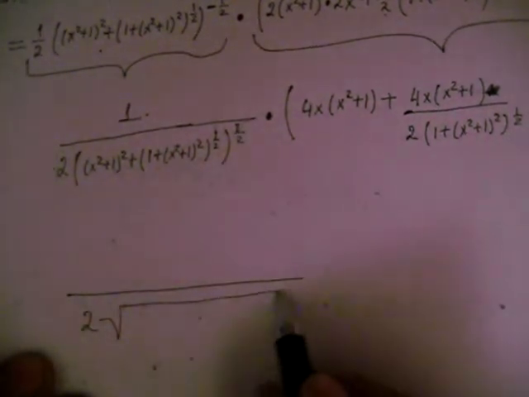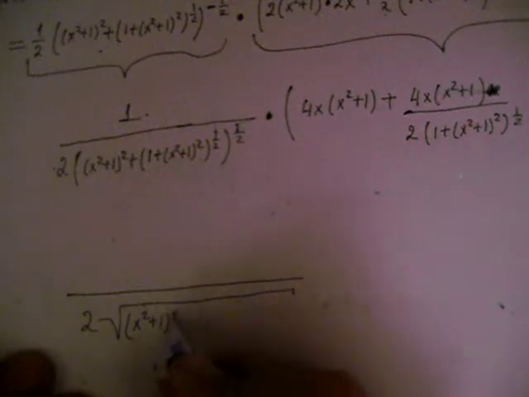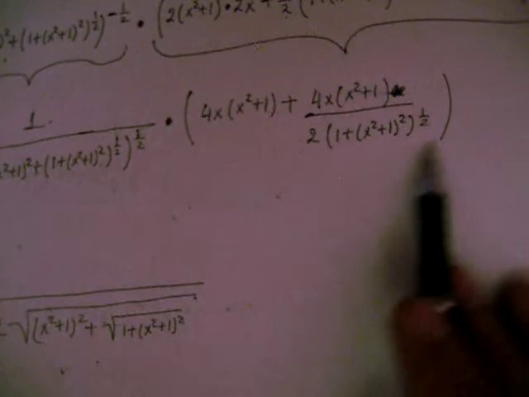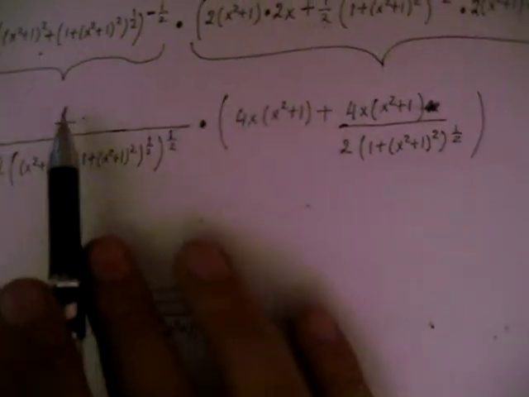Okay, 2 times, and outermost power 1/2 will be square root, and inside we have this expression x squared plus 1 squared plus square root of 1 plus x squared plus 1 squared. So that will be our denominator. This will be our denominator, and this entire parenthesis goes to the numerator. Okay, we are multiplying to 1.